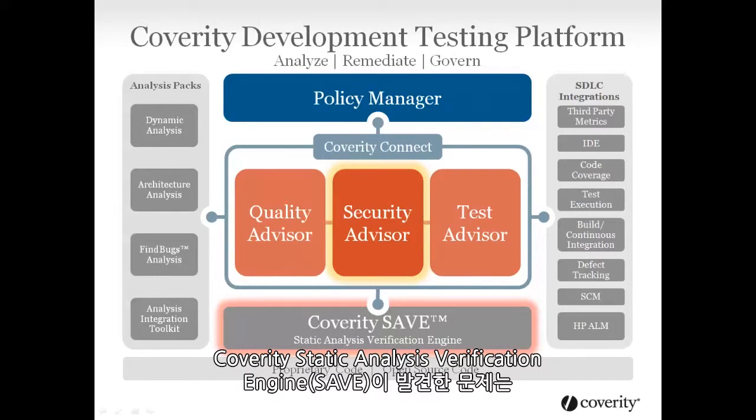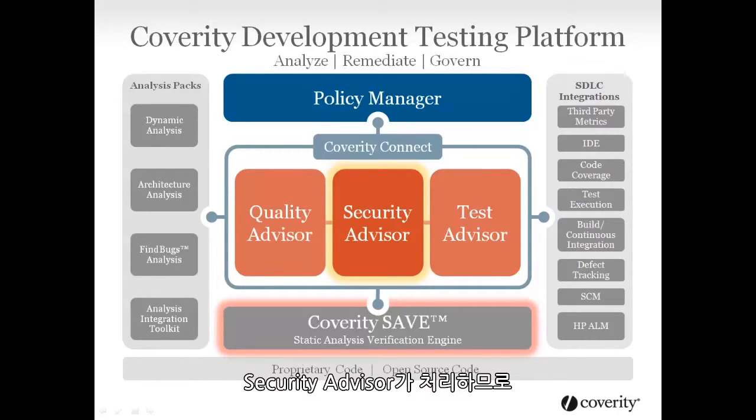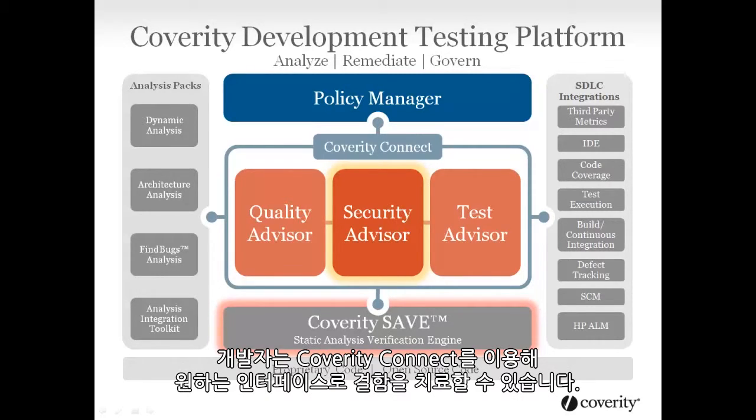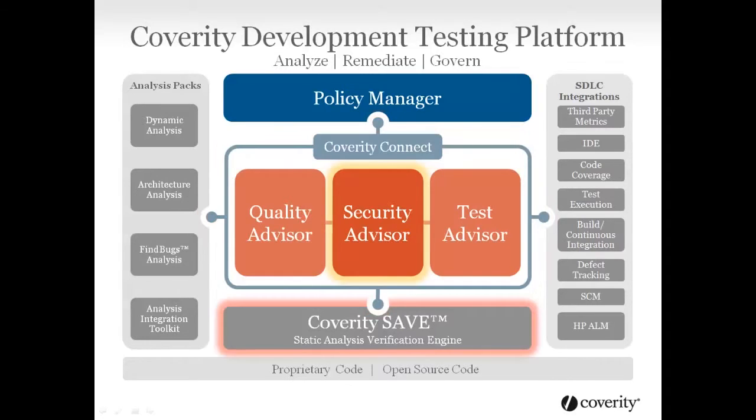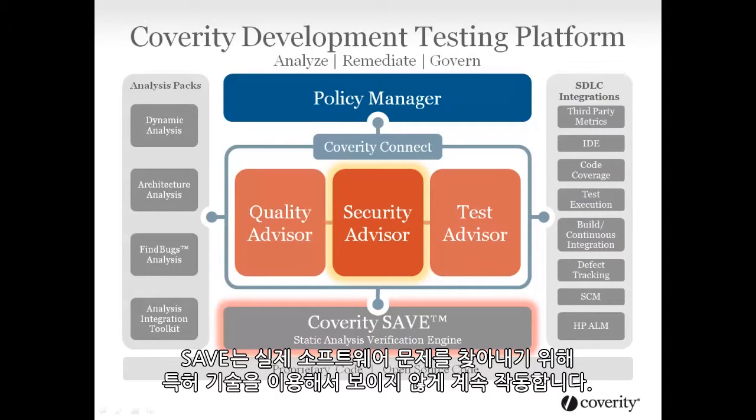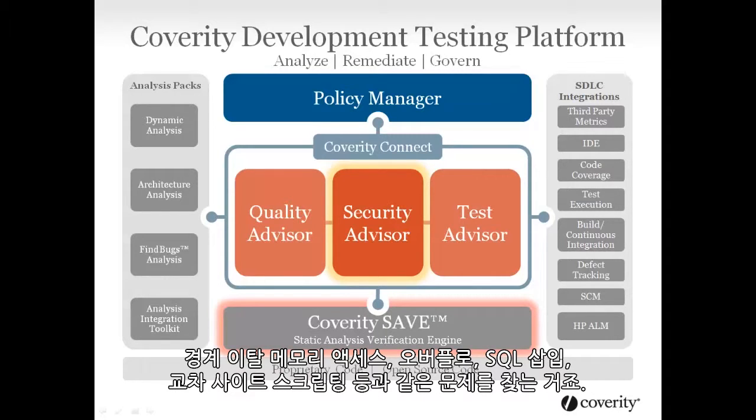Issues found by the Coverity Static Analysis Verification Engine, SAVE, are surfaced to Security Advisor so that developers may use Coverity Connect to remediate the defects using their preferred interface. SAVE works continuously behind the scenes, using patented technologies to find real software problems, like out-of-bounds memory access, overflows, SQL injection, and cross-site scripting.